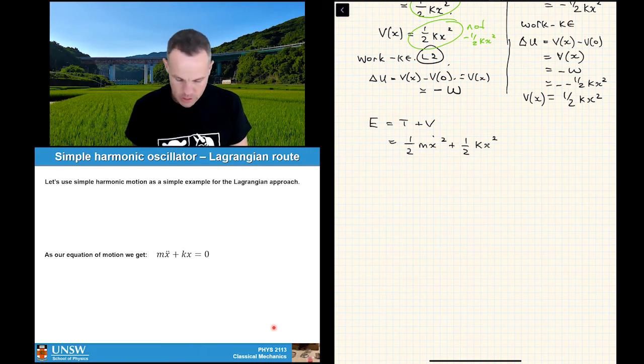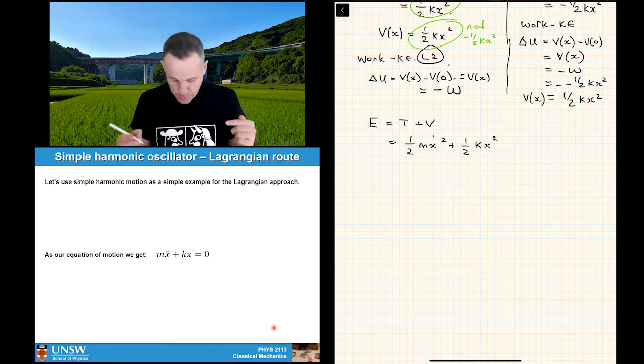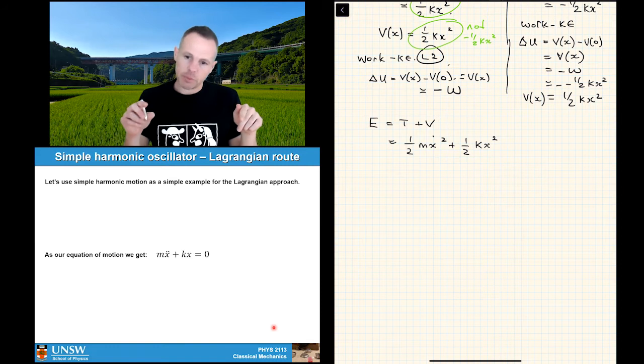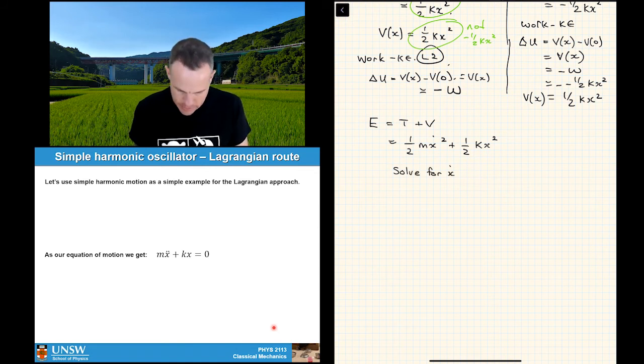Okay, so just taking my known terms for these two things. What I'm going to do here is solve for x dot, because ultimately big E is a constant, m and k are constants, and I'd like to know what x dot is with respect to x, which is the position in my system. So I can solve for x dot, and this will give me a half m x dot squared is equal to E minus a half k x squared.